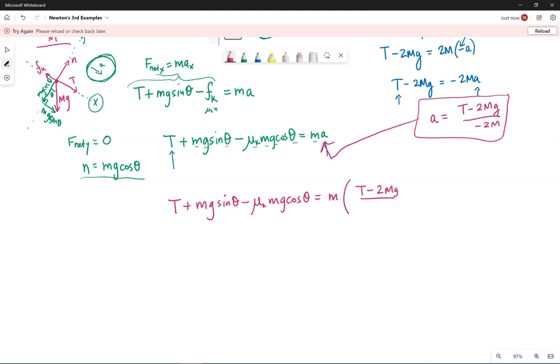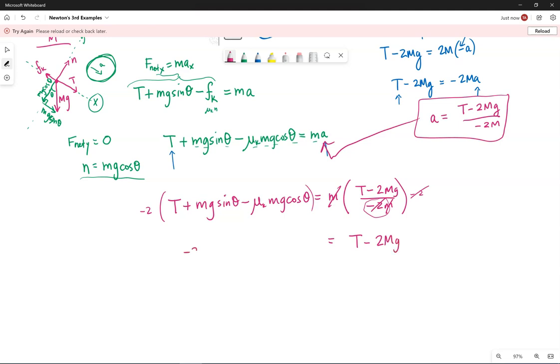So I'm just plugging this in. This m will cancel with this one, but that still leaves me with a negative 2. So if I multiply both sides by negative 2, it will cancel on the right, leaving me with tension minus 2mg.